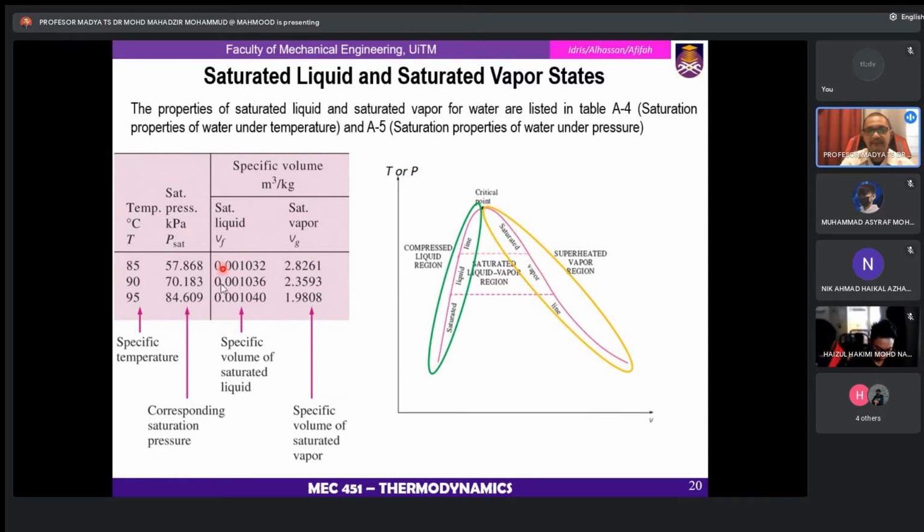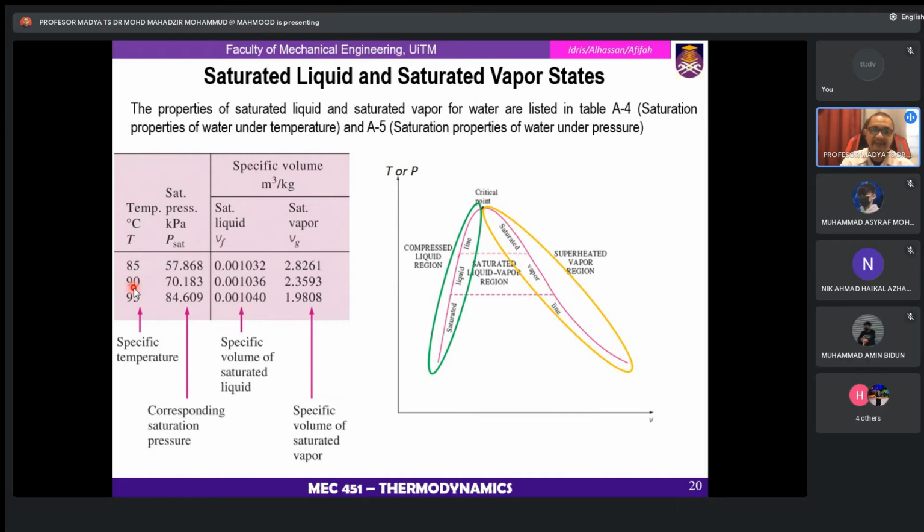So these are all the values that can be used. For example, if the temperature is 90 Celsius, you find 90 Celsius, and then what is the saturated specific volume?